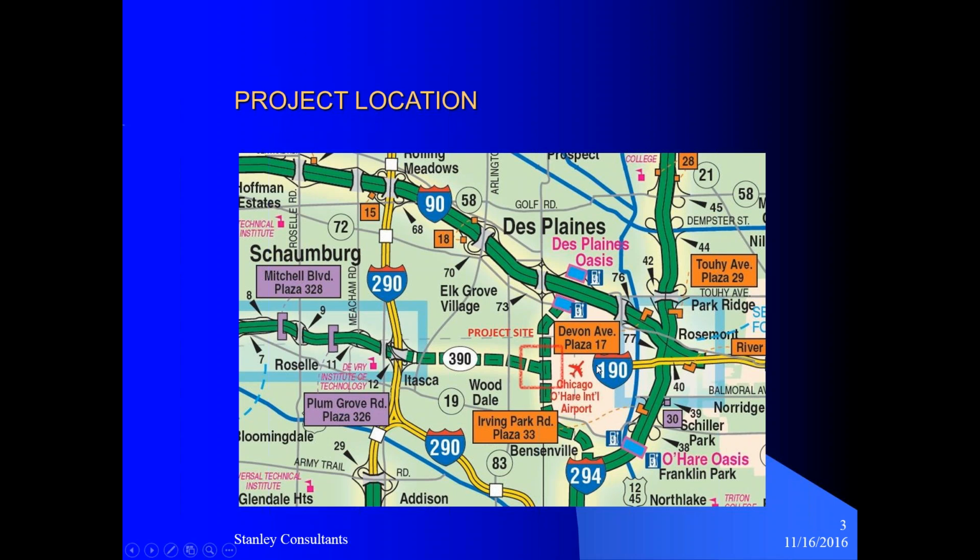Here, the Illinois 390 Expressway, which is also known as Elgin O'Hare Expressway, connects to the Illinois 490 Expressway, which is also known as the O'Hare Western Access Expressway.